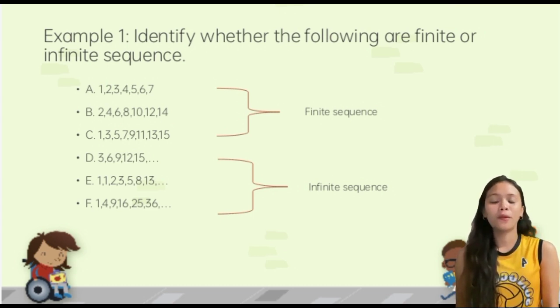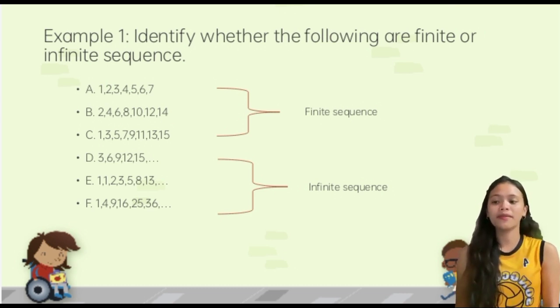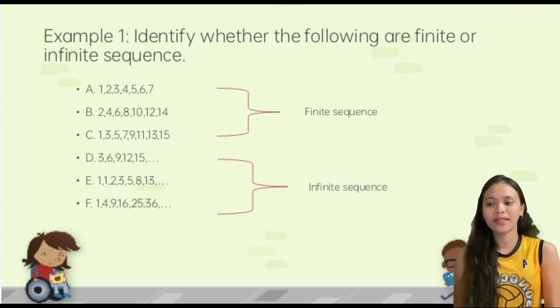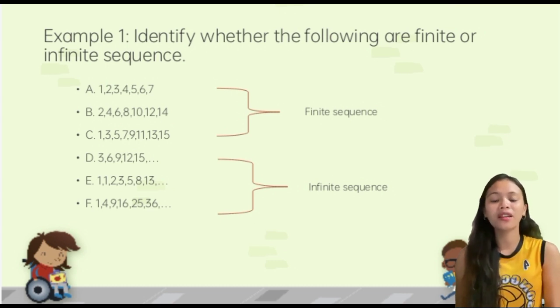E: 1, 1, 2, 3, 5, 8, 13. F: 1, 4, 9, 16, 25, 36. So the first 3 letters are some examples of finite sequence. The other half, from D to F, are some examples of infinite sequence.